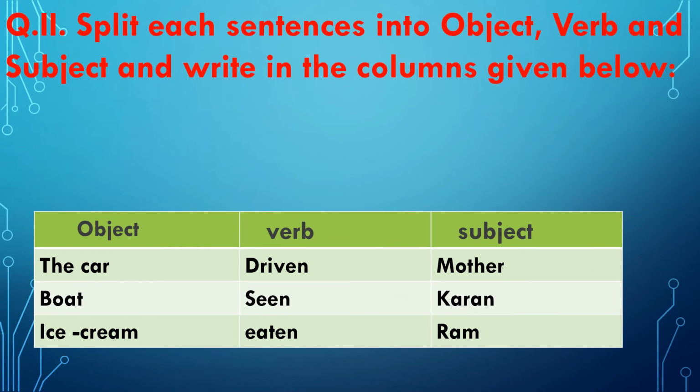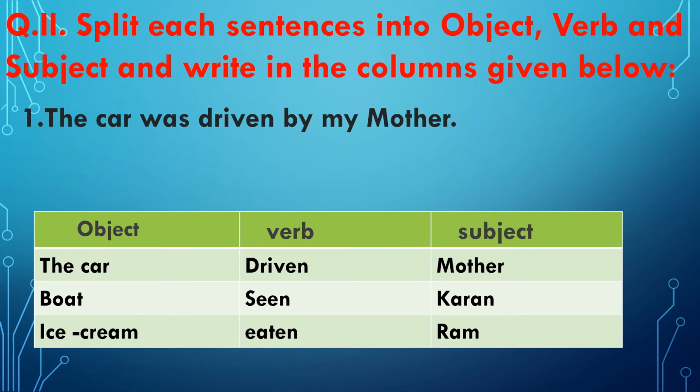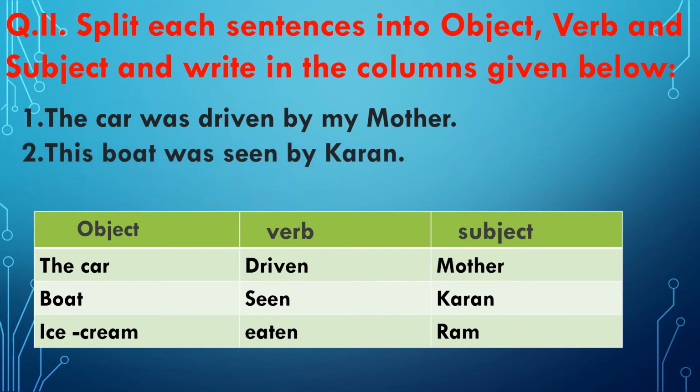Second question, split each sentence into object, verb and subject and write in the given column. First one, "The car was driven by my mother." Second sentence, "This boat was seen by Karan." Third, "Ice cream was eaten by Ram."